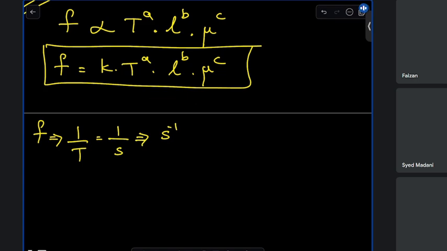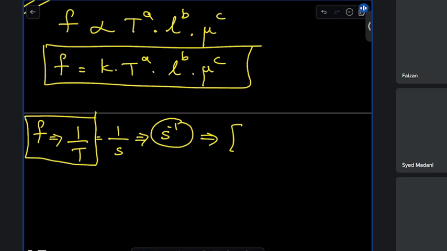Per second is called hertz. So even if you didn't know the frequency directly, you can still derive it using time. Based on this unit, I'll write the dimensions: M0 L0 T to the power minus 1. Left hand side done. Any doubt there?